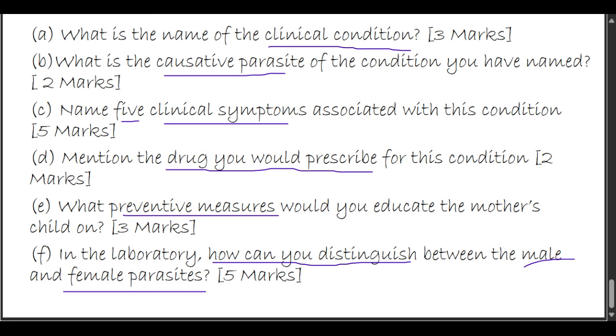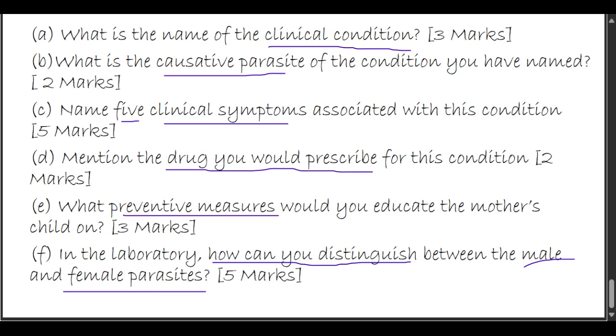So in the laboratory, actually, we'll base our reference on Trichuris trichura. Okay, in the laboratory, the male and female Trichuris trichura, which is the whipworm, can be distinguished or differentiated based on morphological differences, especially when we examine it under a microscope. Now, how can we differentiate them?